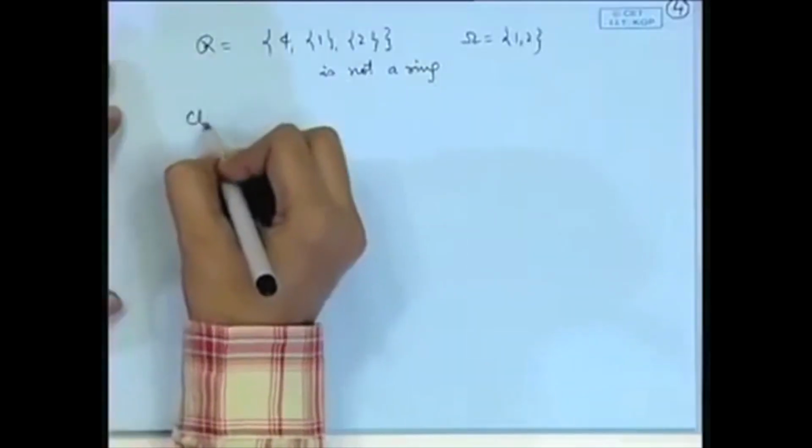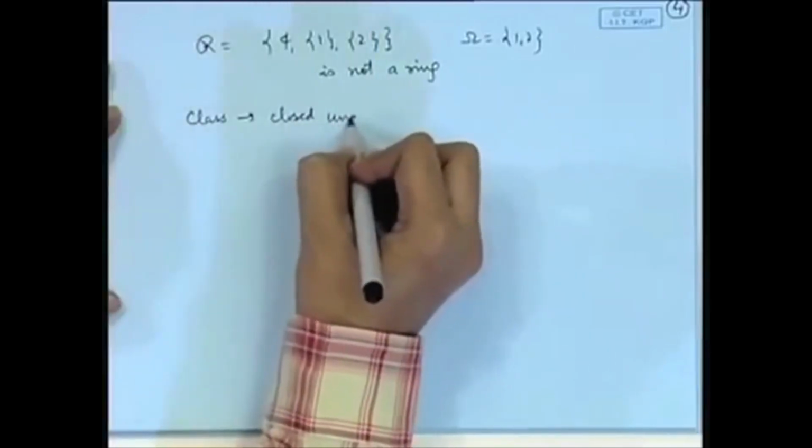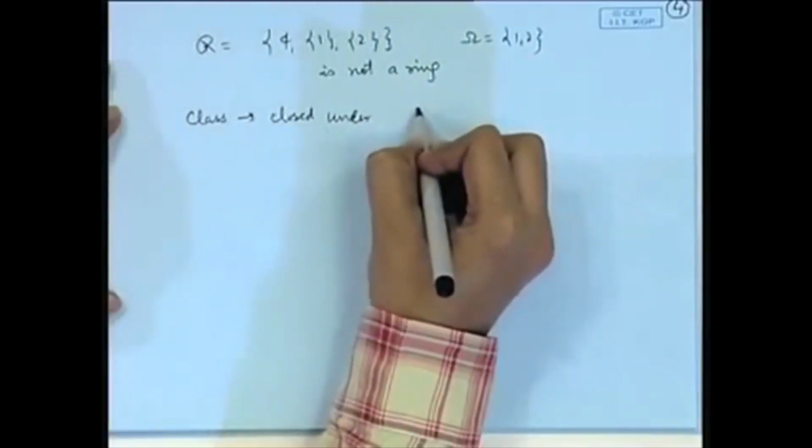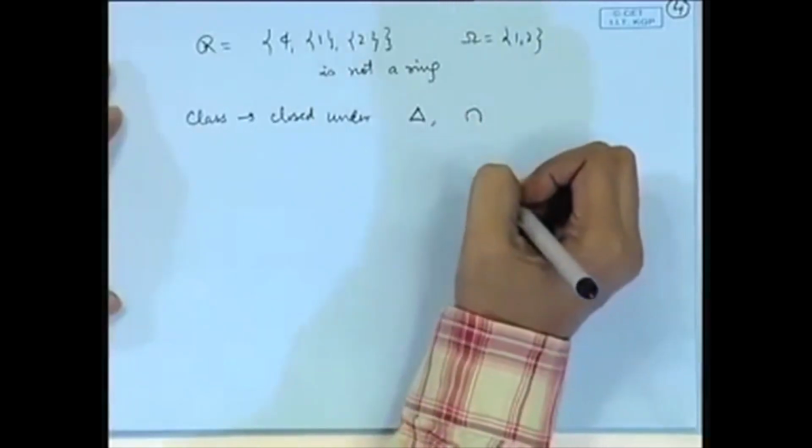If I consider a class which is closed under the formation of symmetric differences and intersections, then it will be a ring.